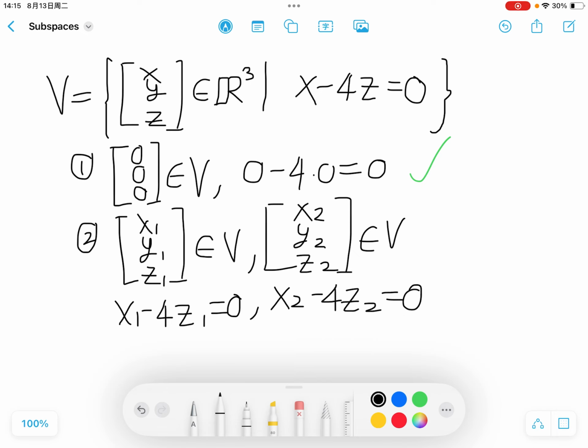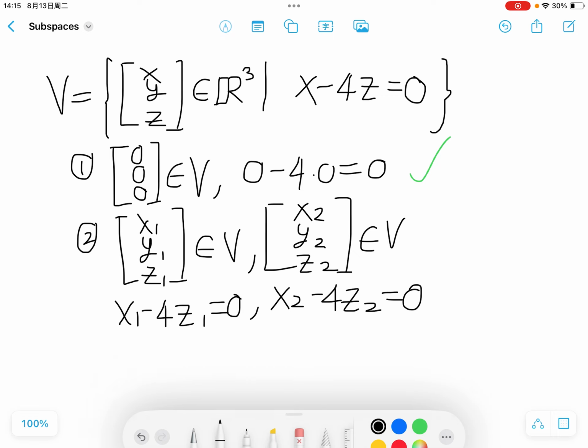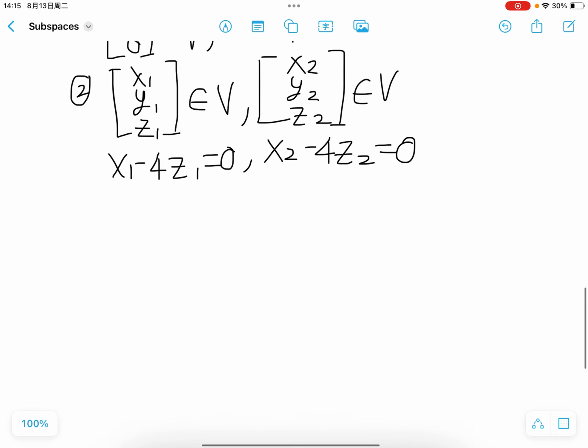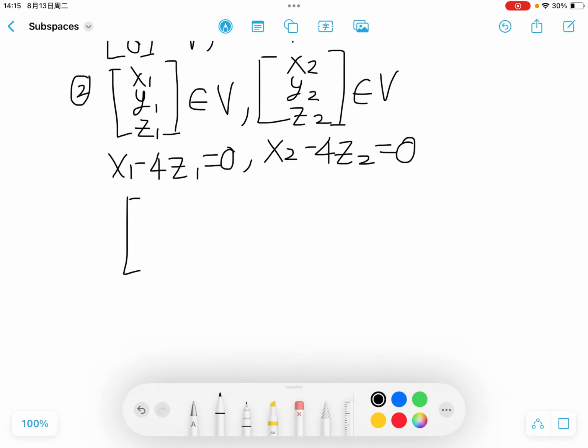So the second condition states that if I sum the two vectors together, then I have x1 plus x2, y1 plus y2, z1 plus z2.